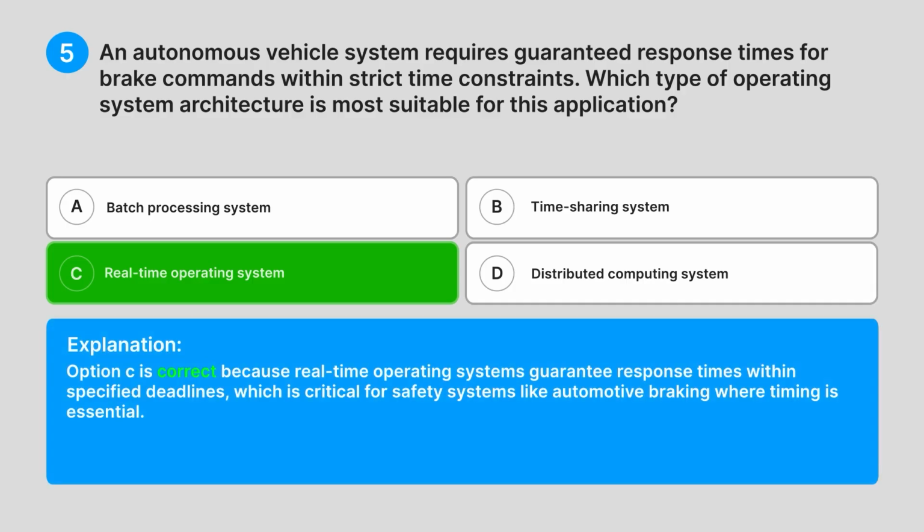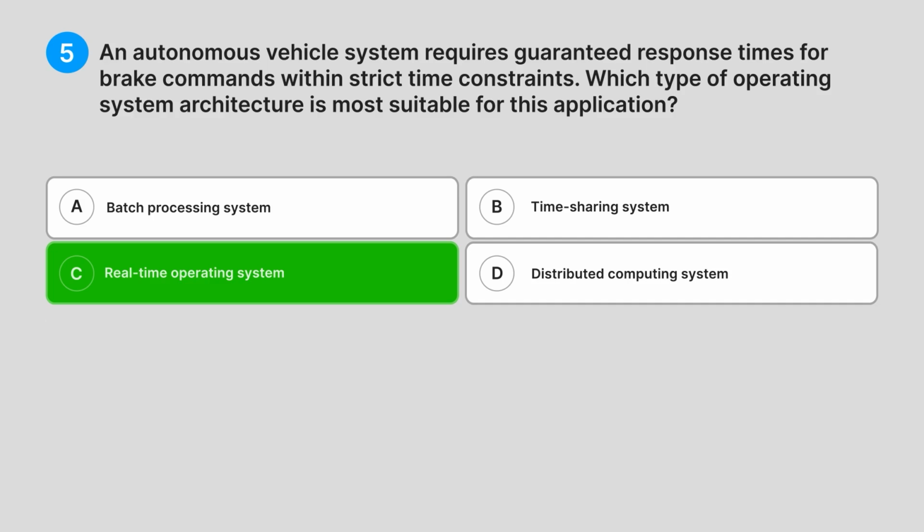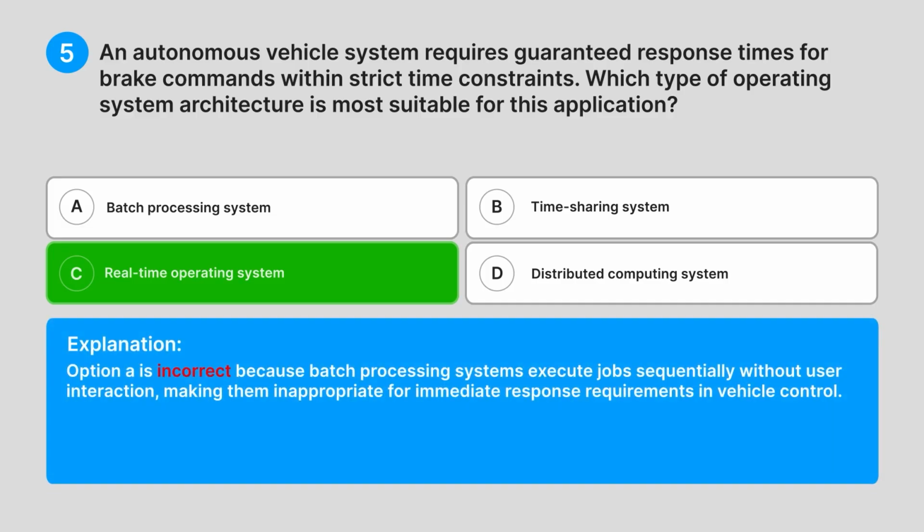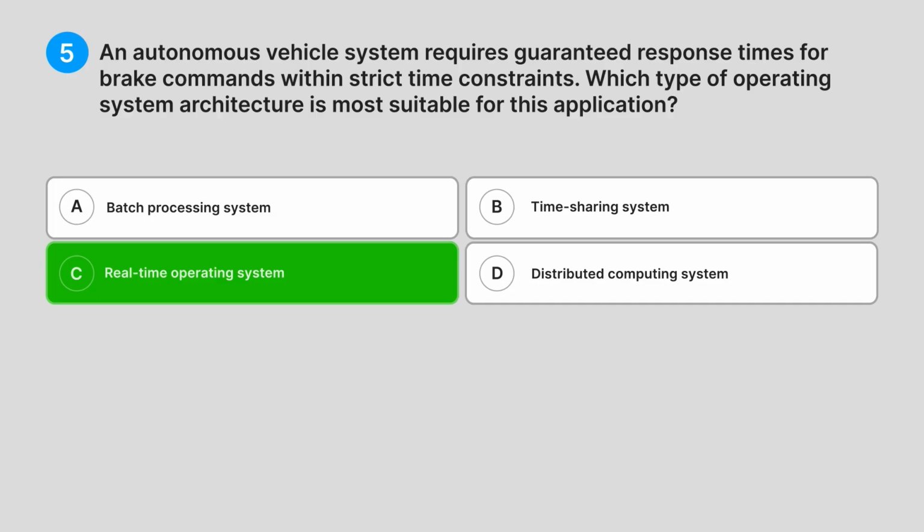Explanation. Option C is correct because real-time operating systems guarantee response times within specified deadlines, which is critical for safety systems like automotive braking, where timing is essential. Option A is incorrect because batch processing systems execute jobs sequentially without user interaction, making them inappropriate for immediate response requirements in vehicle control.